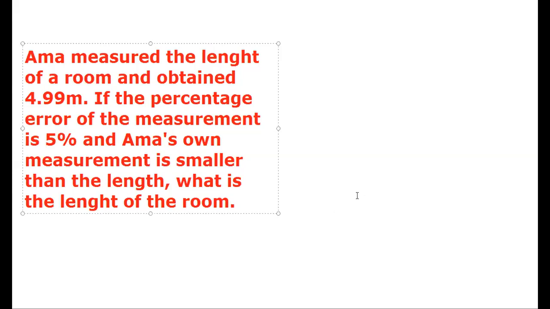Charles. Lisa, beautiful. Okay, so let's solve it. It says that Amma measured the length of a room and obtained 4.99 meters. But there's an error in Amma's measurement, which is 5%. Therefore, we don't know the length of the room as of now because there's an error in Amma's measurement.